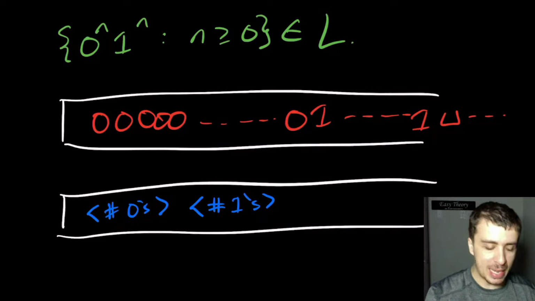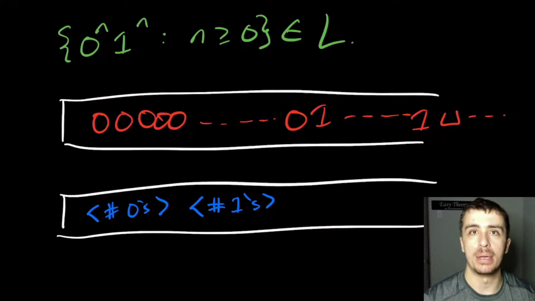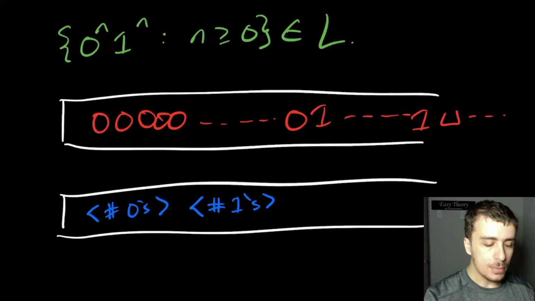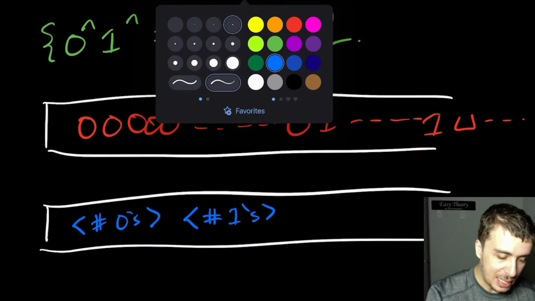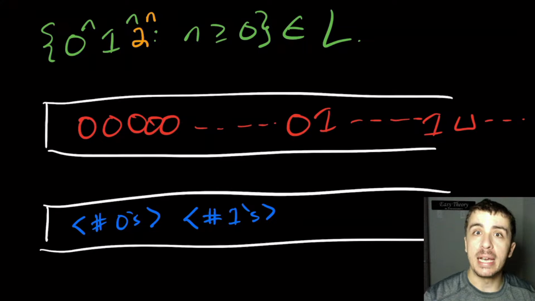And so we can keep track of what things have been x'd out using these 2 because they're logarithmic in the size of the input. And so this language is in L. You can actually extend this in the exact same way to 0 to the n, 1 to the n, 2 to the n. And then now we have a language that is not context-free either, but is nevertheless in L.